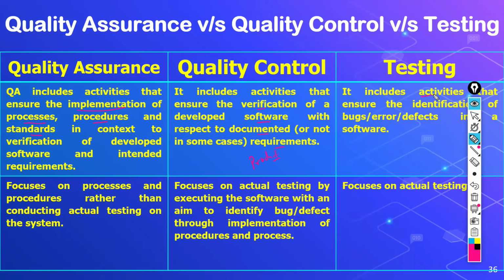And testing is all those activities using which you identify the errors in your software or application. That's why it is focusing on processes. It is focusing on actual testing for the software, and it's also focusing on the actual testing.